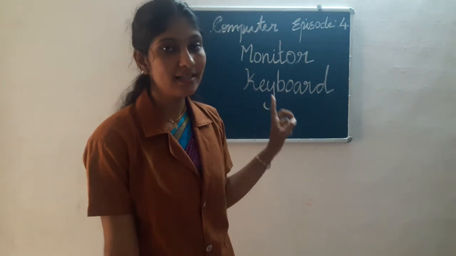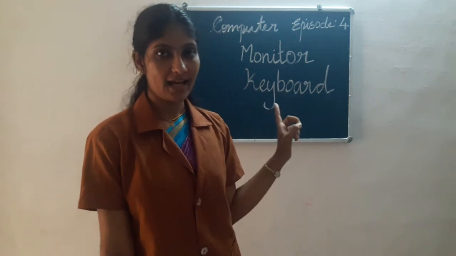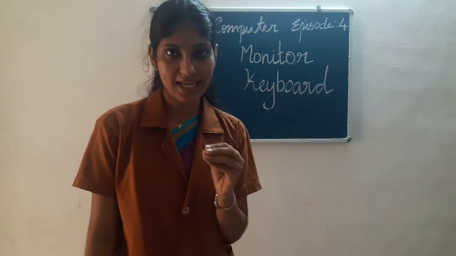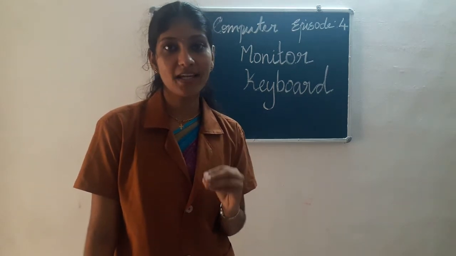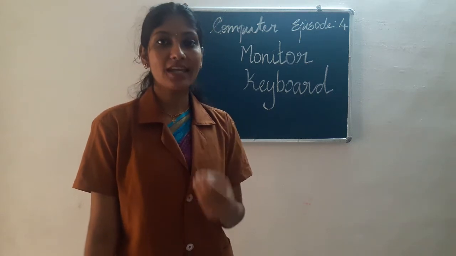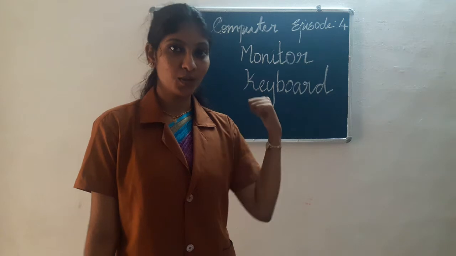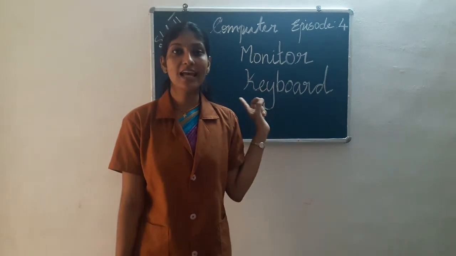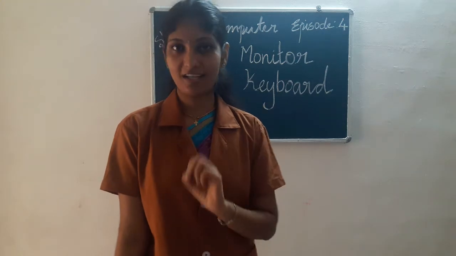K E Y B O A R D. And which type of device is a keyboard? Keyboard is an input device. That means we can give input through this device. So keyboard is which type of device? It is an input device.